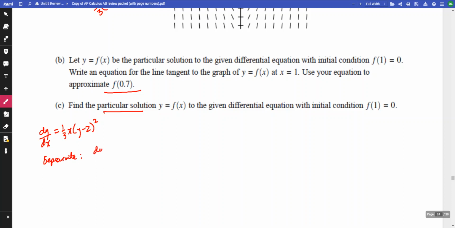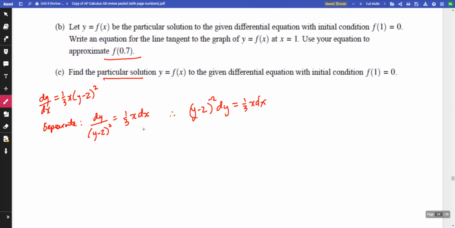So I'm going to have dy over (y minus 2) quantity squared equal to 1/3 x dx. That means (y minus 2) to the negative second dy equals 1/3 x dx. Then I need to integrate both sides: the integral of (y minus 2) to the negative second dy equals 1/3 the integral of x dx.